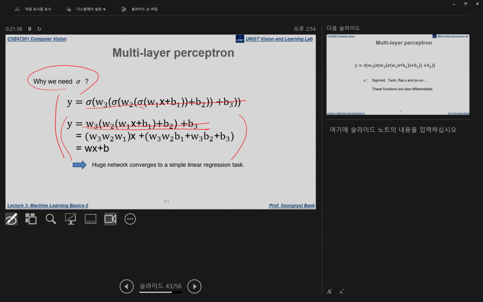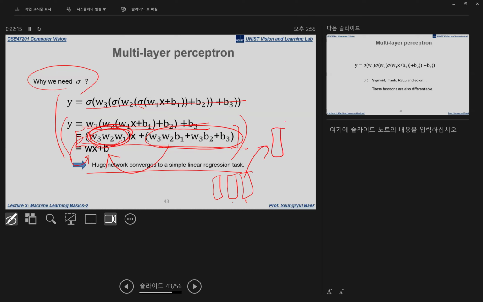Then we can simplify the right-hand side like this, and this part becomes W, and this part becomes the scalar value B. You can realize that without the sigma, the entire big structure having three consecutive linear layers can be converted to a simple linear regression layer.